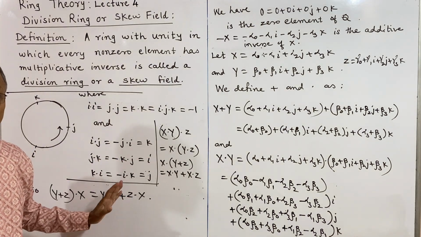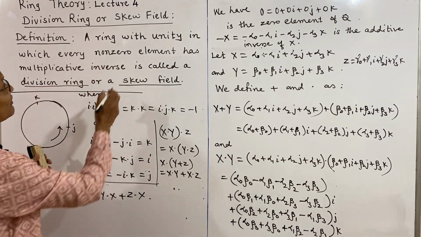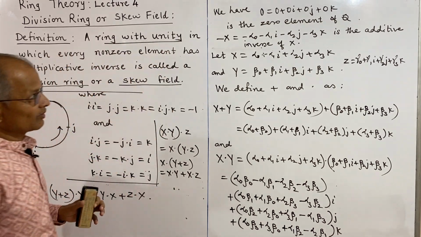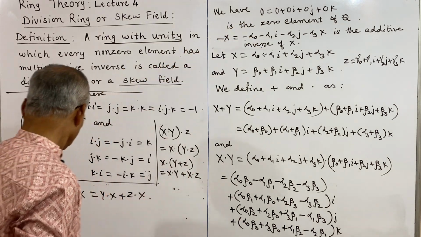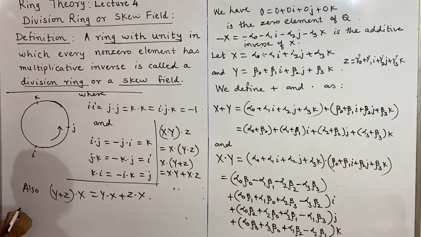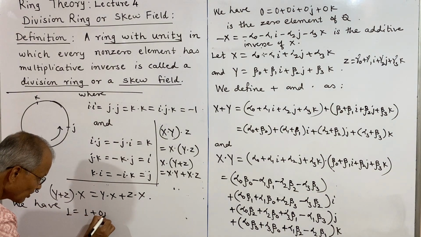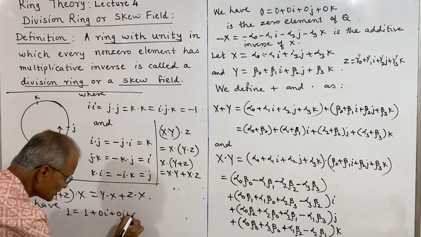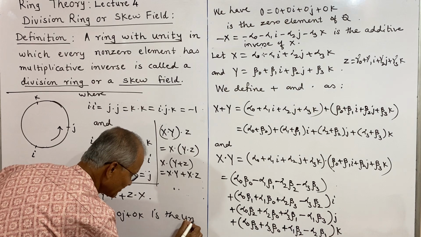And one more thing: we have said this is a ring with unity. And what is the unit element for this? The zero element we have already written. So the unit element is 1 = 1 + 0i + 0j + 0k, and it can be checked easily.